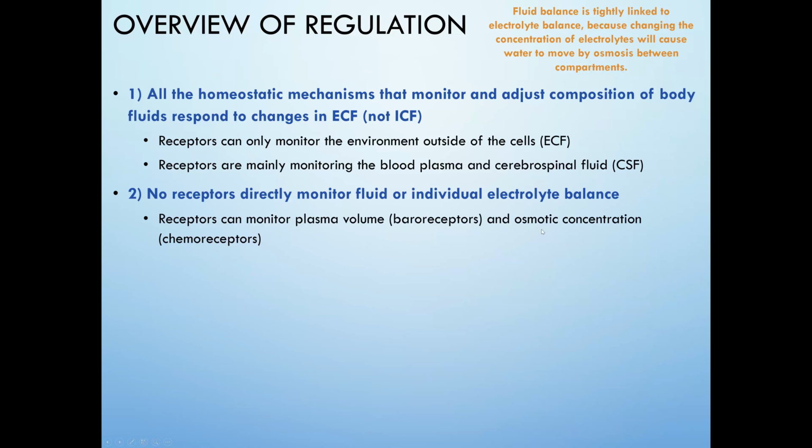And they can also monitor the overall osmotic concentration, not individual electrolytes. Like, we don't have sodium sensors. We do have total osmotic sensors, and these are types of chemoreceptors. So plasma volume and osmolarity are used as indicators of the overall fluid and electrolyte balance within the body.